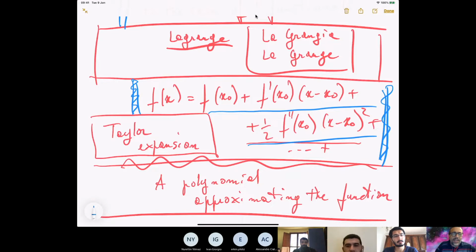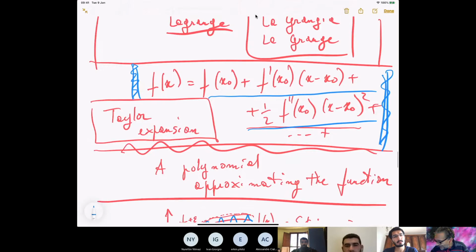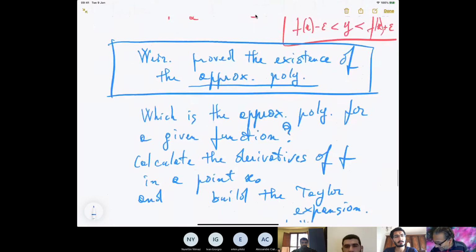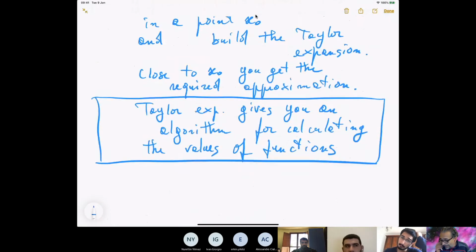While I'm talking about this, I remember that tomorrow you will start playing again with COMSOL, and as COMSOL uses polynomials approximating the functions, I am starting a small discussion about the concept of algorithm invented for calculating the values of functions.